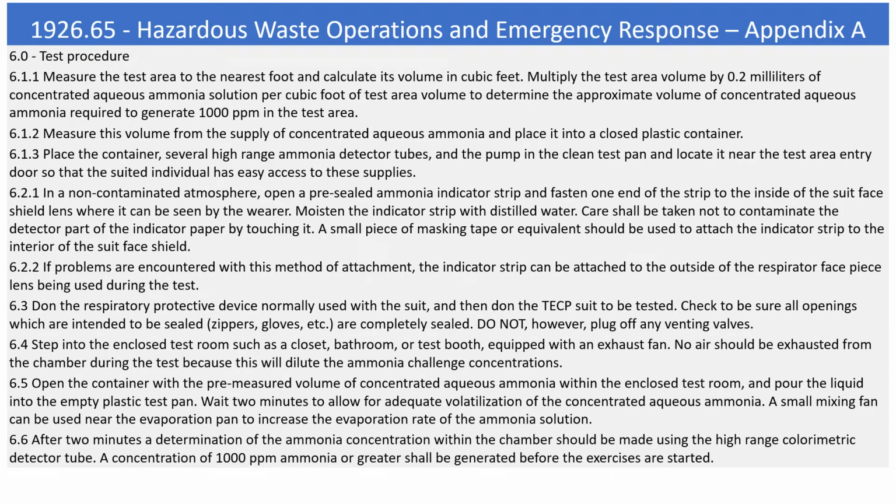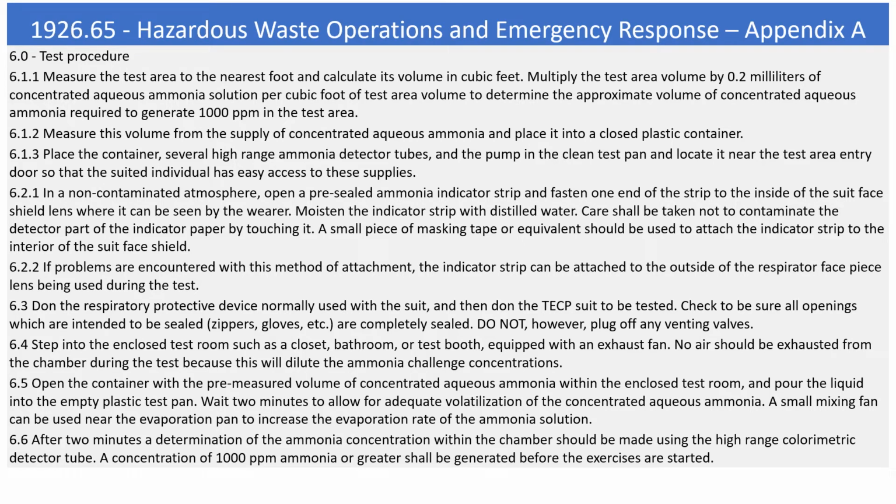6.0. Test procedure. 6.1.1. Measure the test area to the nearest foot and calculate its volume in cubic feet. Multiply the test area volume by 0.2 milliliters of concentrated aqueous ammonia solution per cubic foot of test area volume to determine the approximate volume of concentrated aqueous ammonia required to generate 1000 ppm in the test area. 6.1.2.